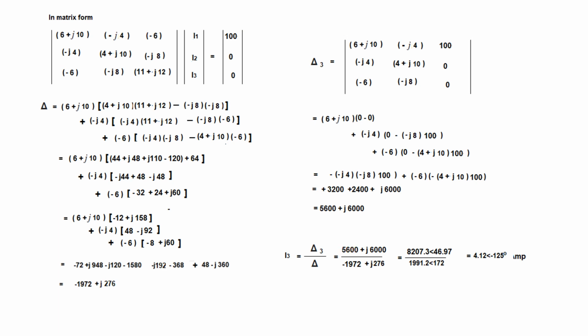We write the value of delta 3 over delta and converting into polar, solving, we get the answer 4.12 angle minus 125 degrees ampere. So just check this calculation if you have a scientific calculator and let me know if there is an error in the calculation.